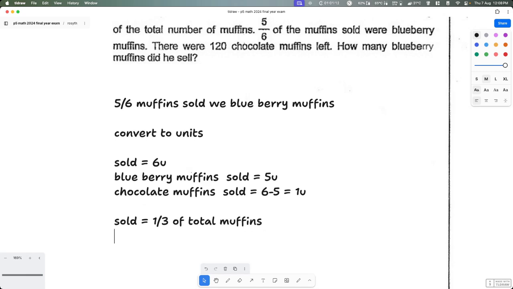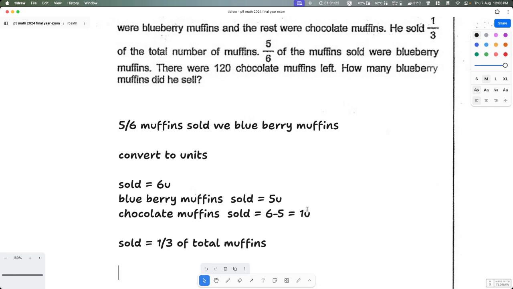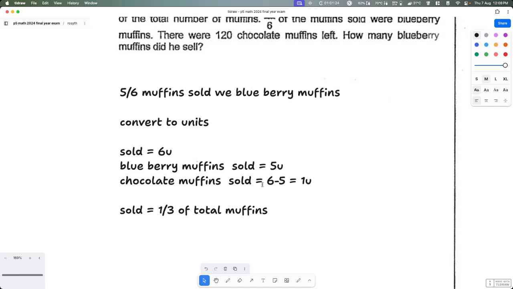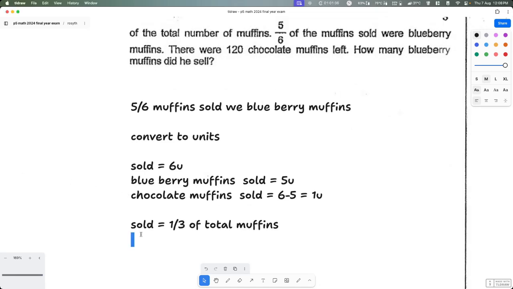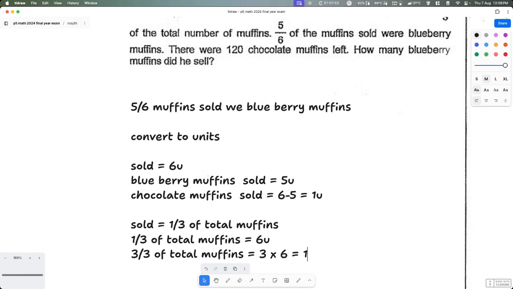Okay, so that means one third of total muffins is equal to 6 units. 3 out of 3 of total muffins is equal to 3 times 6, which is 18 units.